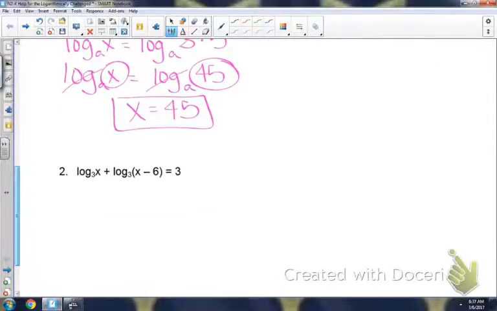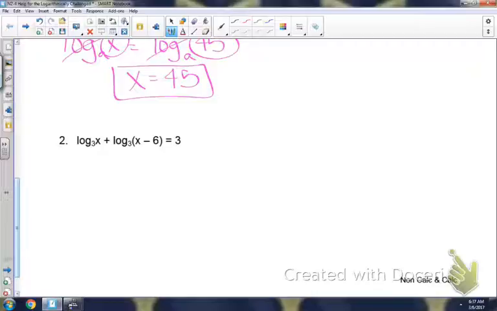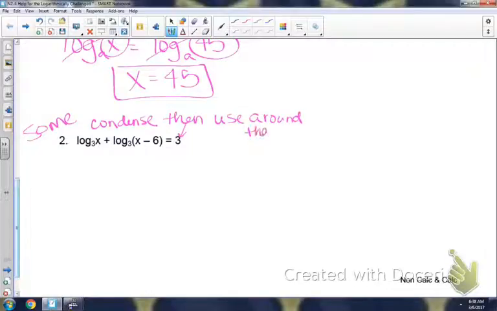Okay, looking at number 2, we have a log term and then a non-log term that doesn't have a log with it. So this is some. So we want to condense, then use around the world. We're going to condense the left side.